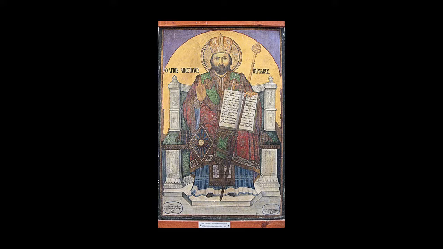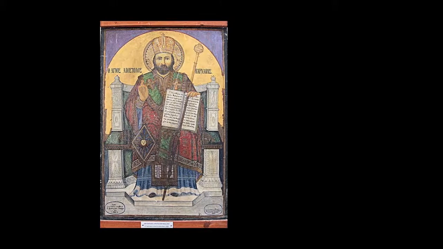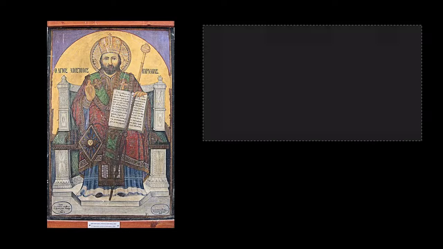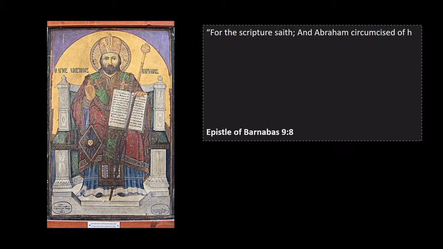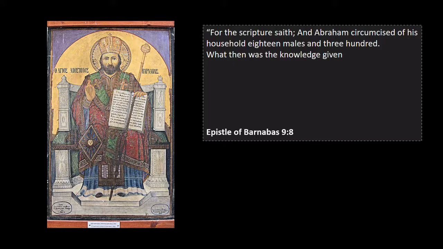But what about the letter of Barnabas, which is quoted by critics as supporting the cross in chapter 9 verse 8? The quote reads, "For the scripture saith, And Abraham circumcised of his household 18 males and 300. What then was the knowledge given unto him?